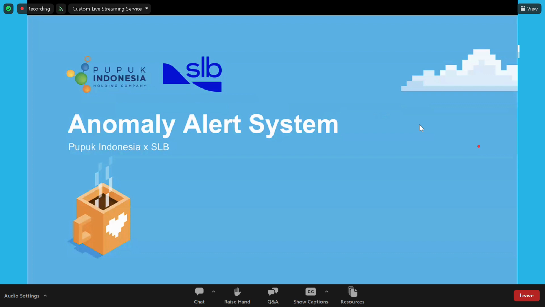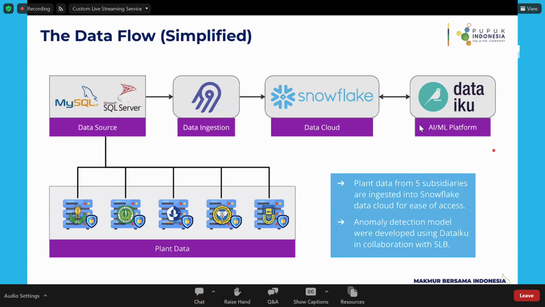Now we will talk about the anomaly alert system that our company developed in partnership with SLB. I will try to simplify the data flow. I will not talk too much about the technical side, but this will give you enough idea how we developed the system.